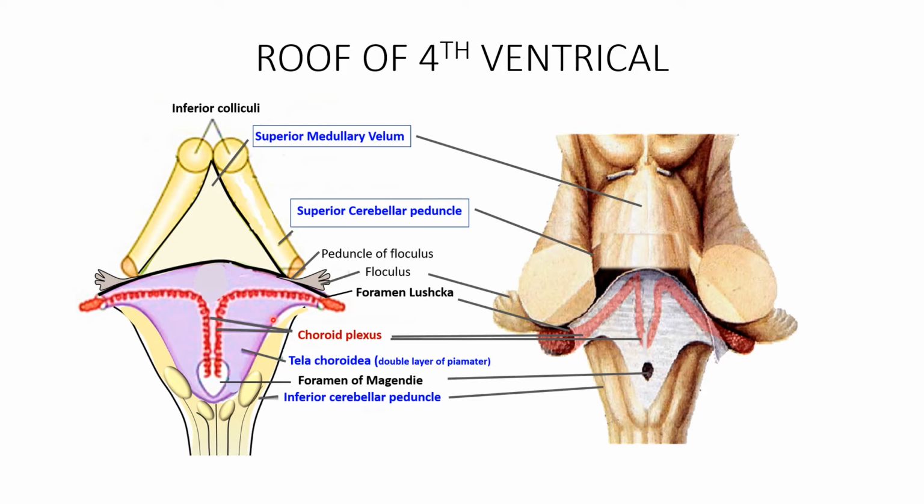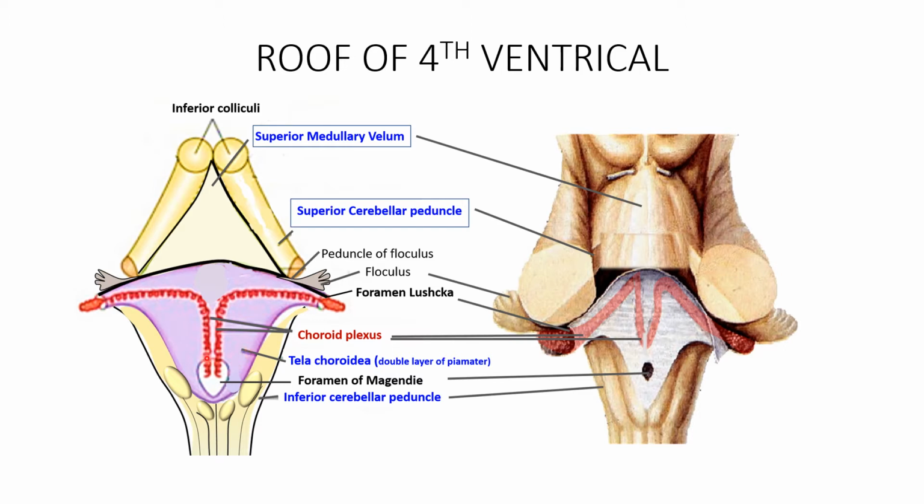The lower part, here you can see, is formed by the inferior medullary velum, which consists of a thin sheet of non-nervous tissue formed by the ventricular ependyma and posteriorly covered by the pia mater.